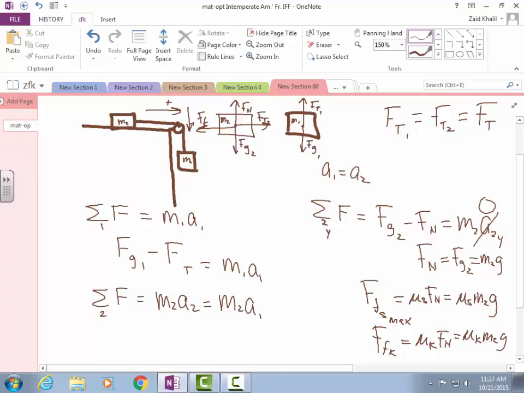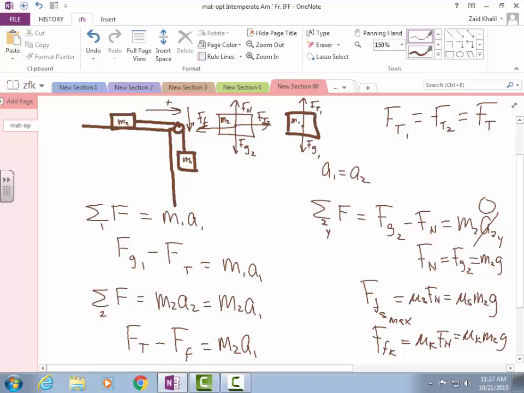A1 equals A2. So what are the forces on this body in the x direction? It's Ft minus Ff. All right, so there you have your two equations.